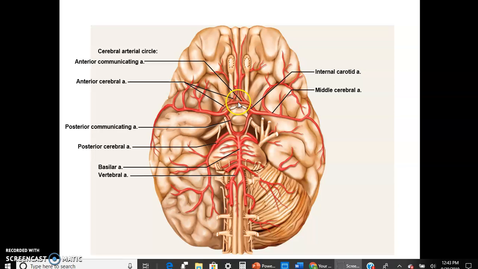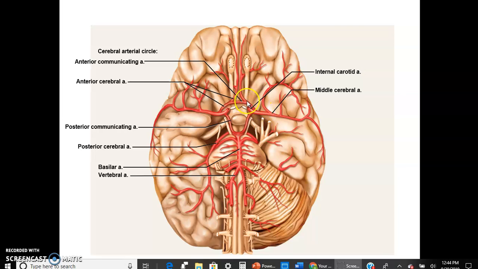The anterior communicating artery comes down, entering into your internal carotid artery on both sides.